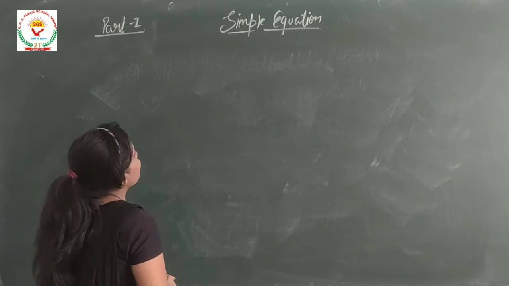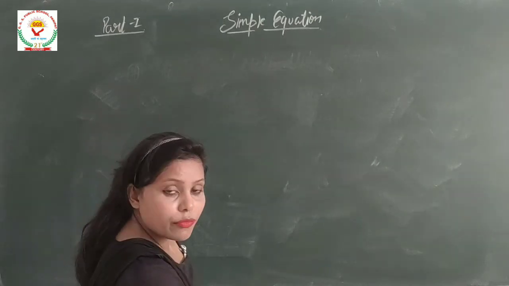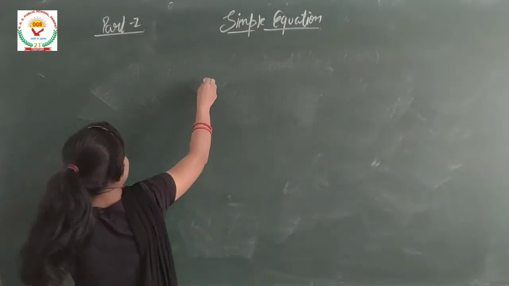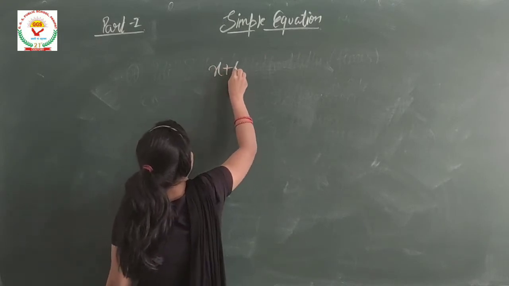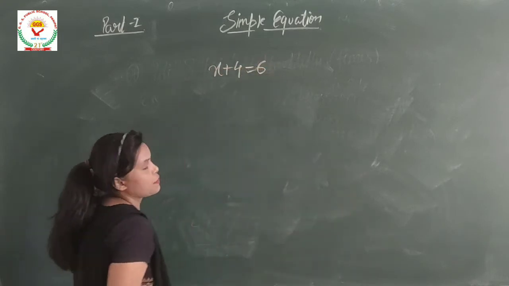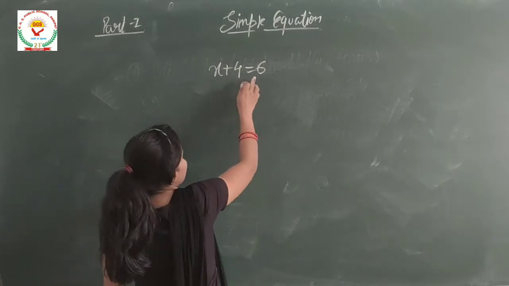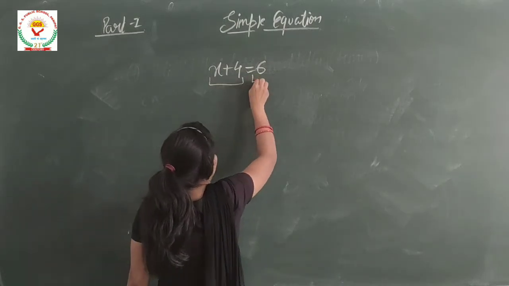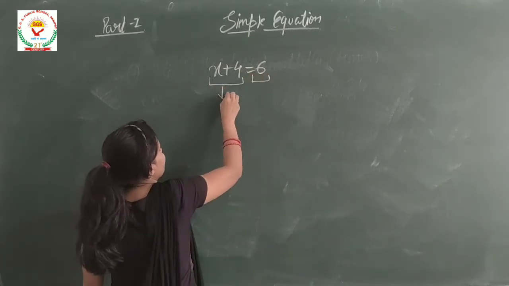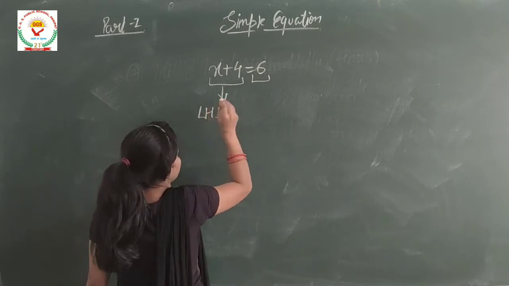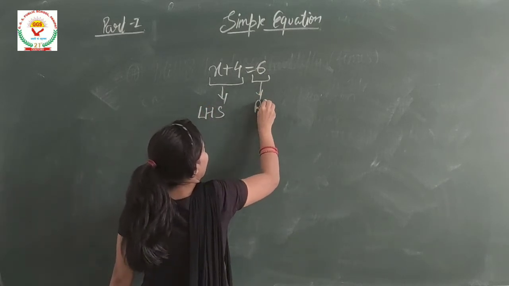So now, if we take an equation, let's take the same equation x plus 4 equals to 6. It consists of two sides, this side and this side. This is known as LHS and this is RHS.